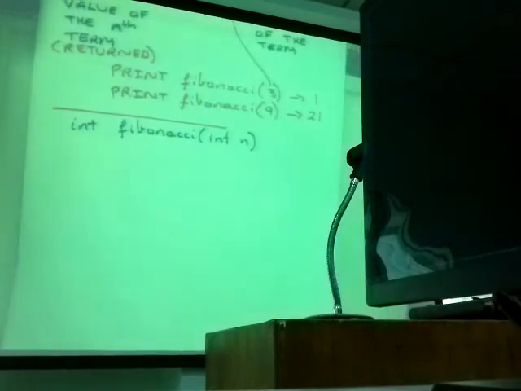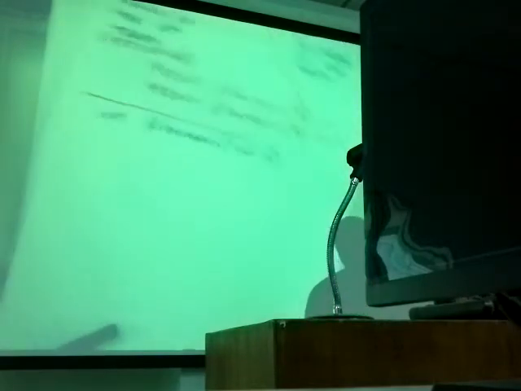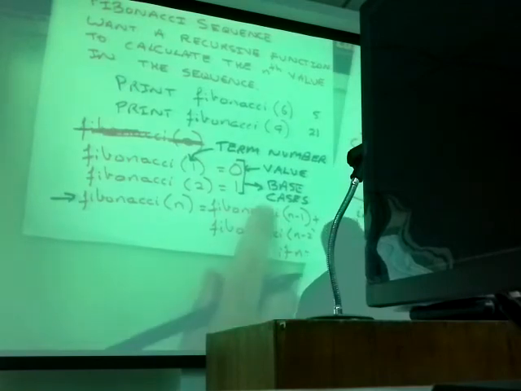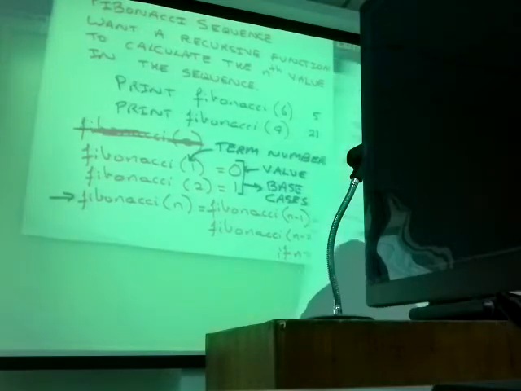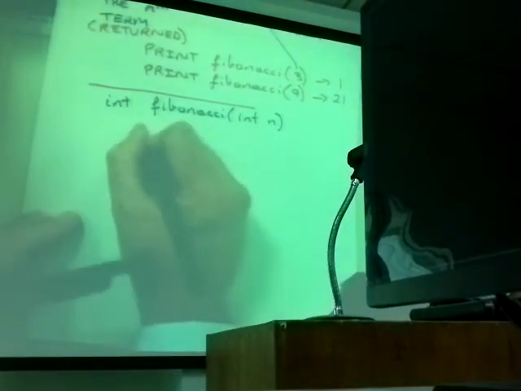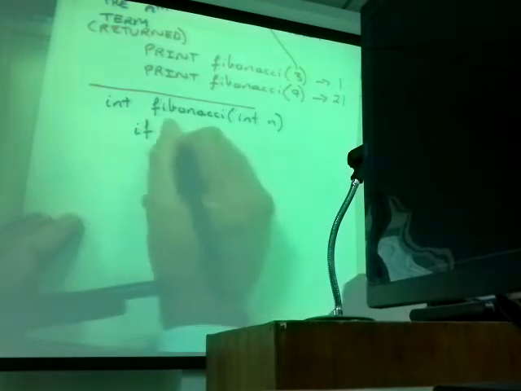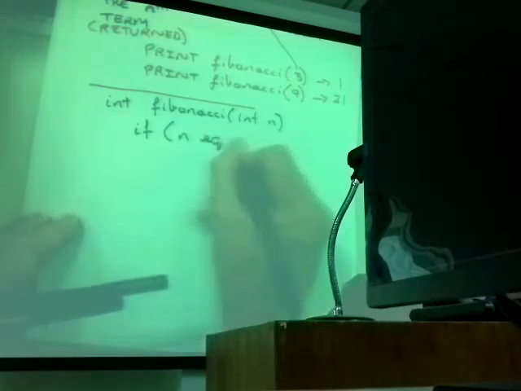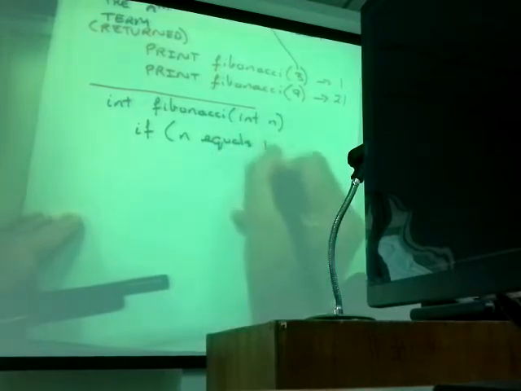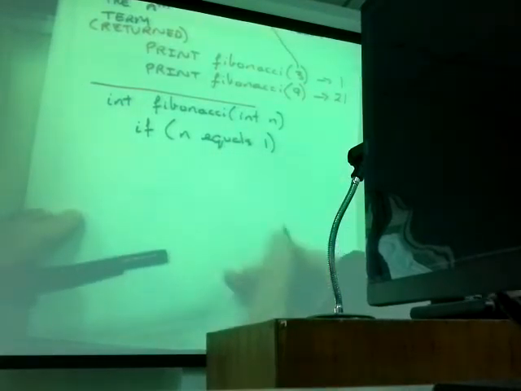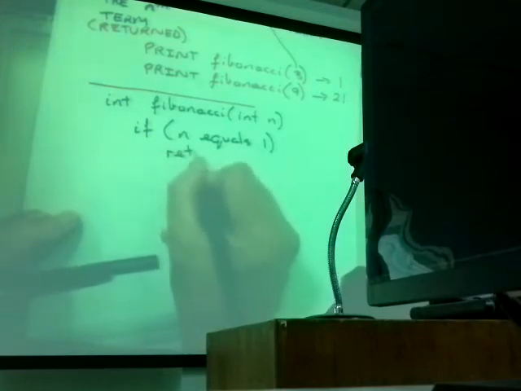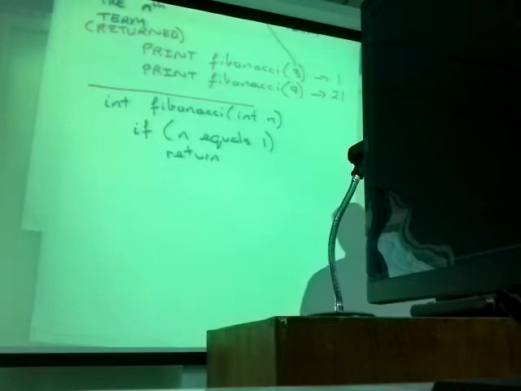All right, so when we write the pseudocode for this function, the first thing we have to do is write our base cases. So in pseudocode, we would say if n equals 1, then what value is returned?